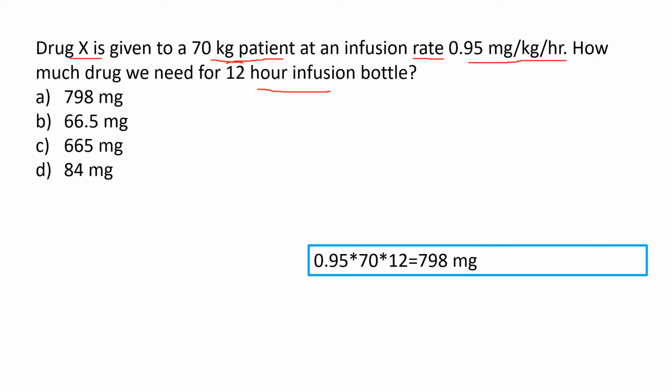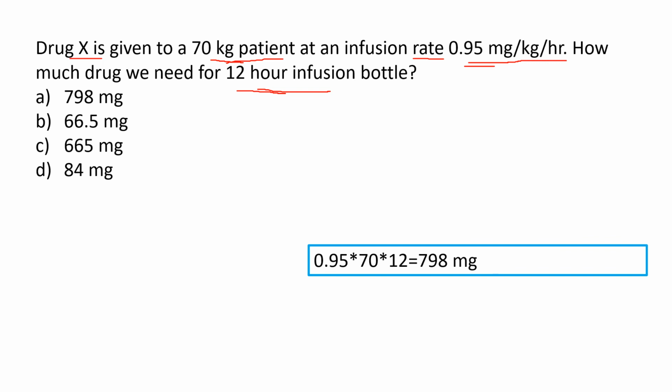The time for this IV infusion is 12 hours, and the rate is 0.95 mg per kg per hour. So for 1 hour, for a 1 kg body weight patient, we will be giving 0.95 mg.